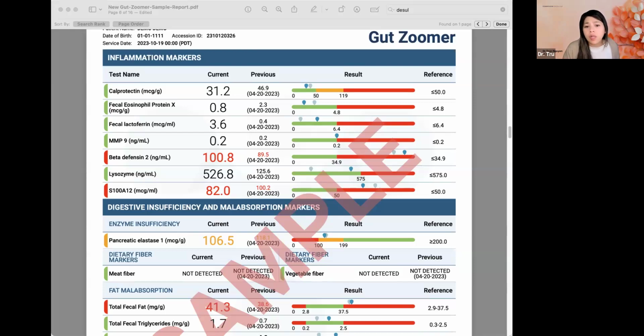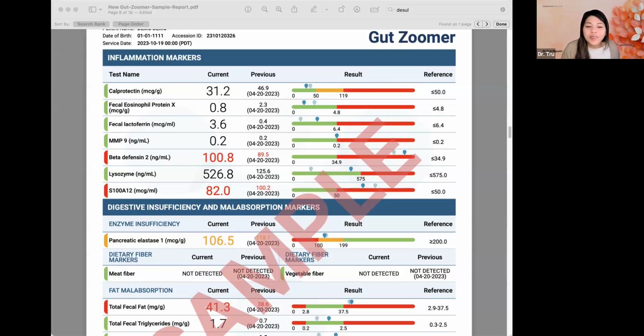This marker is correlated with clinical and endoscopic activity in ulcerative colitis. It is useful in diagnosis of diarrheal disorders, and in non-invasive evaluation of disease activity and mucosal healing in ulcerative colitis.